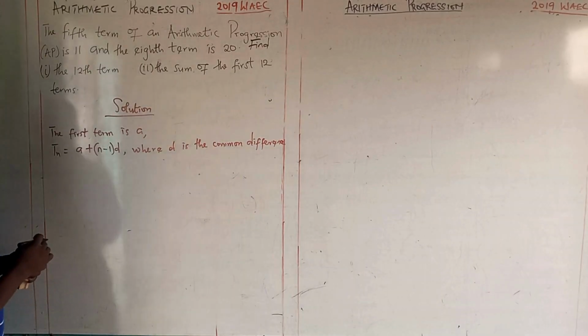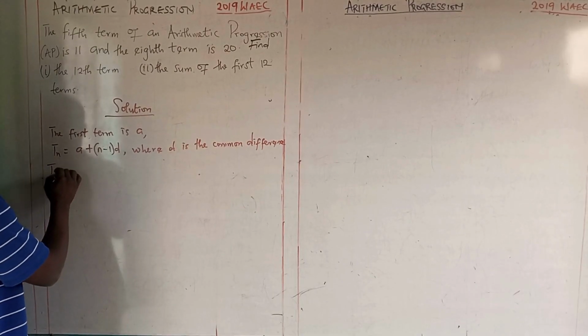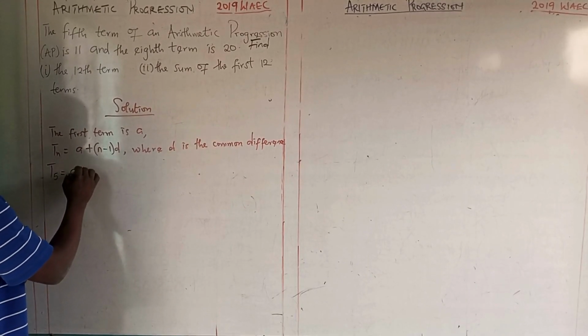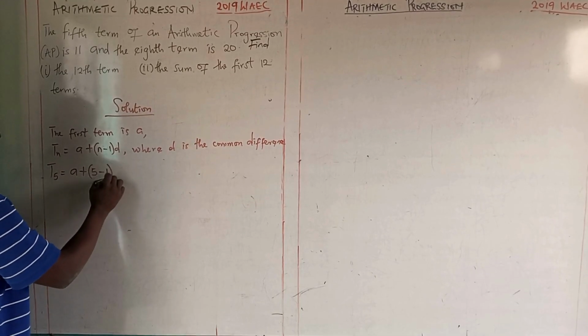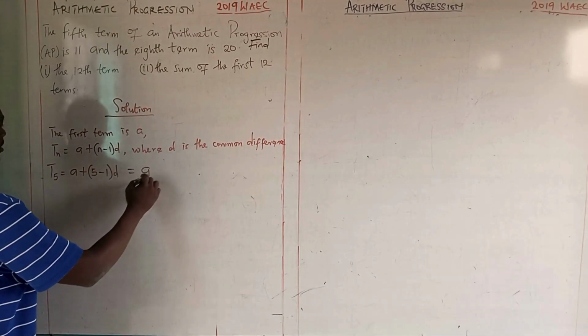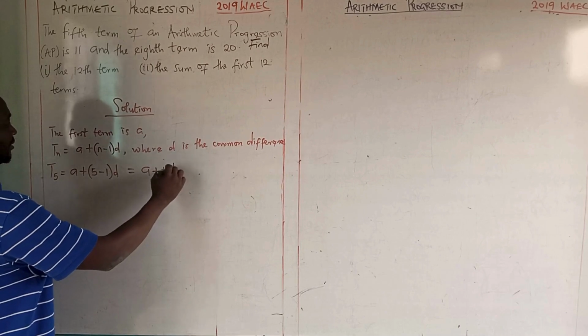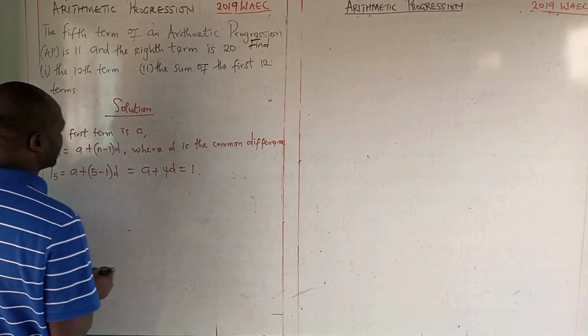Now, let's take this and put it in the question. The question says the fifth term, that means T5 is equal to A plus (5 minus 1)d, which is A plus 4d. He said that gives us 11.